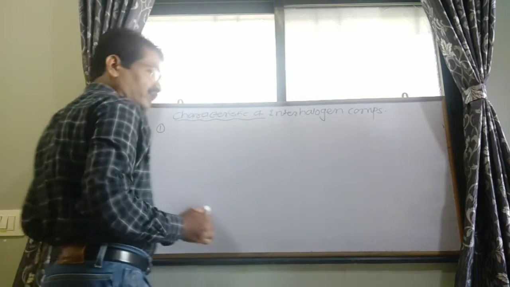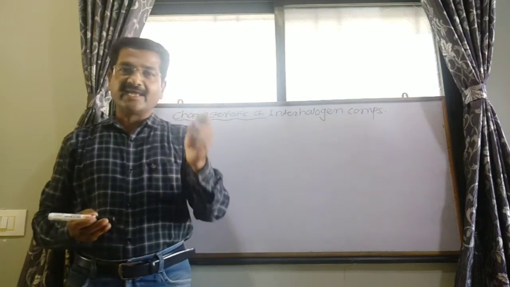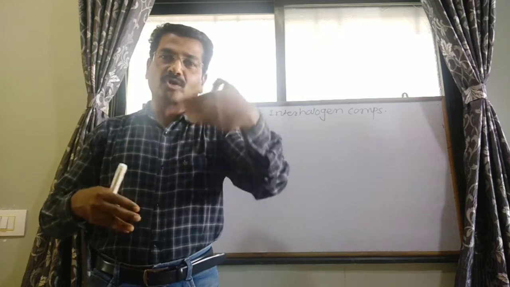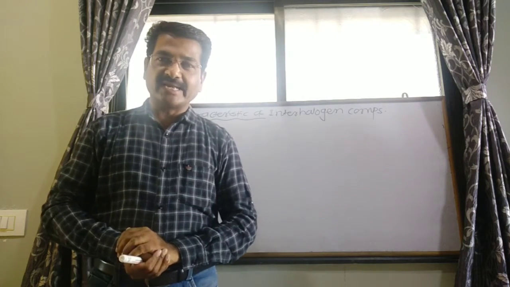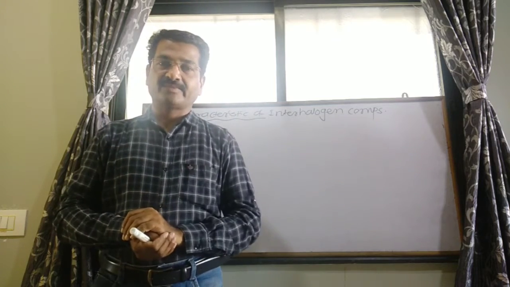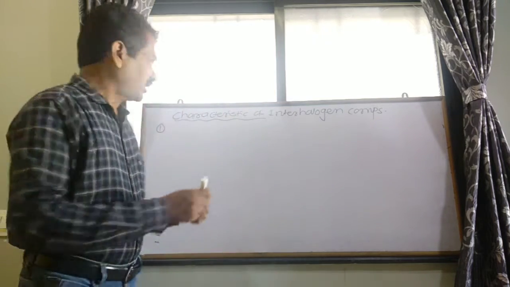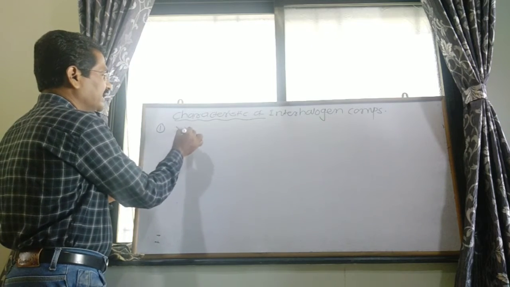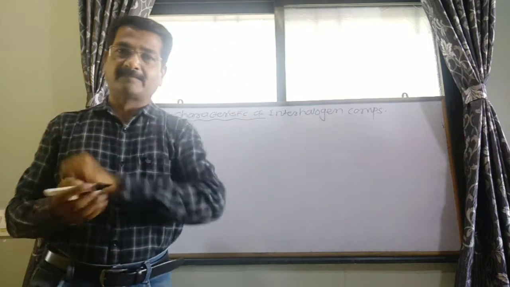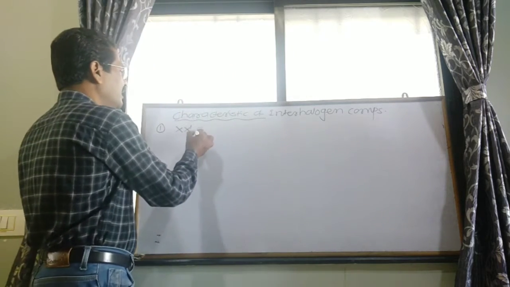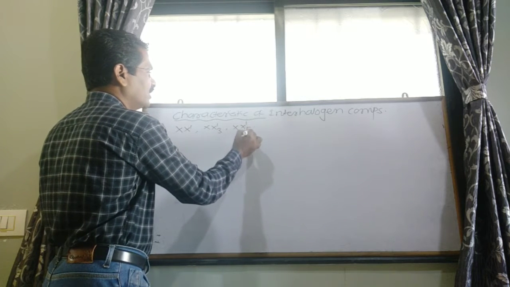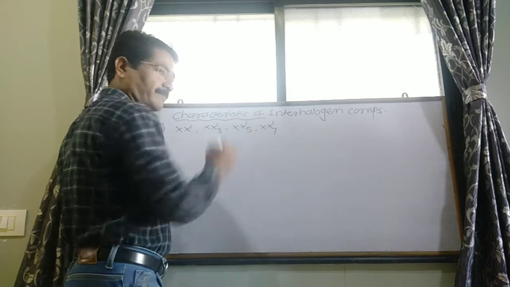First, we know interhalogen compounds are made up by the combination of two or more halogen atoms having different electronegativities. For example, one halogen can link with another halogen to form the interhalogen compound XX', or XX'3, or XX'5, or XX'7.